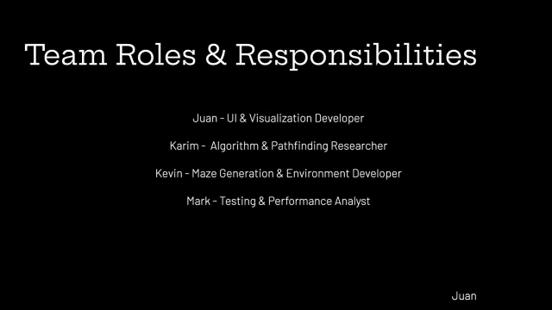Another thing could be debugging, optimizing the system, identifying bugs, like I said, inefficiencies, optimizing data structures that we use that might be slowing it down. At the end of the day, Mark is ensuring that our maze solver runs smoothly and efficiently.